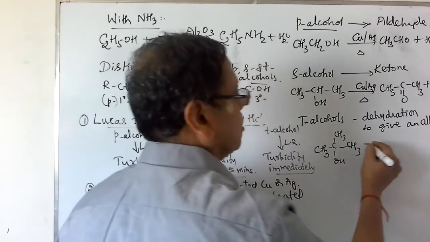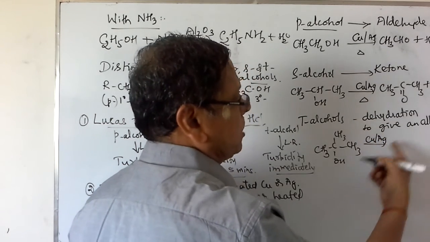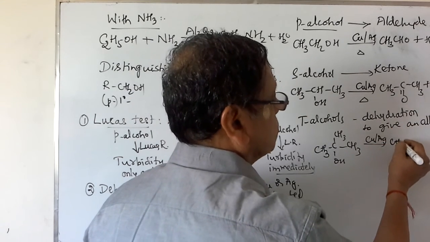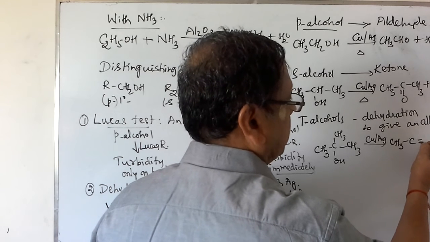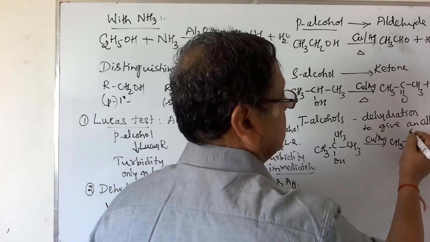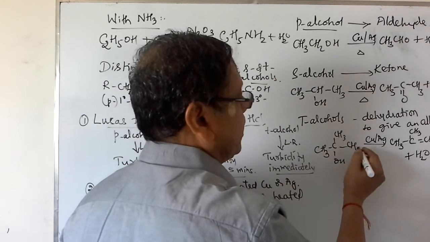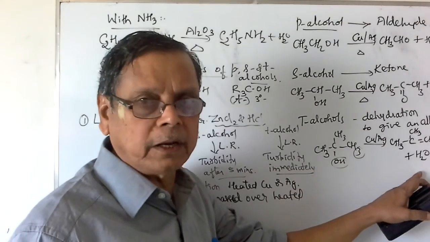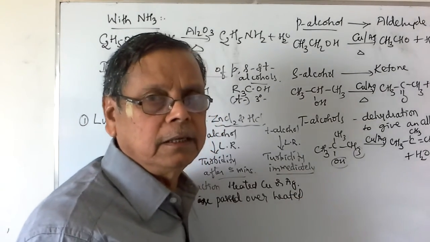This on heating with copper or silver will not undergo dehydrogenation, but it undergoes dehydration to give rise to an alkene. So it gives rise to CH3-C double bond CH2, CH3, along with the formation of a water molecule. One hydrogen from this one and the OH group from this one are eliminated as a molecule of water. So the product obtained is an alkene along with the dehydration.